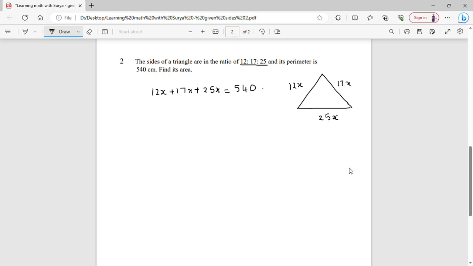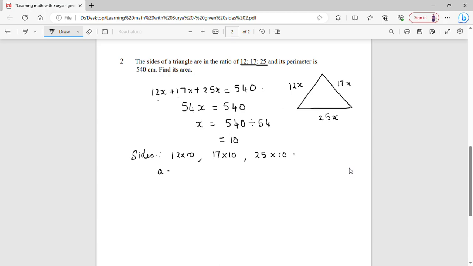So when I add up 12 plus 17 plus 25, I would get 54x is equal to 540, or x will be 540 divided by 54, which is 10. Or in other words, the sides would be 12 times 10. Another side will be 17 times 10. Another side will be 25 times 10.